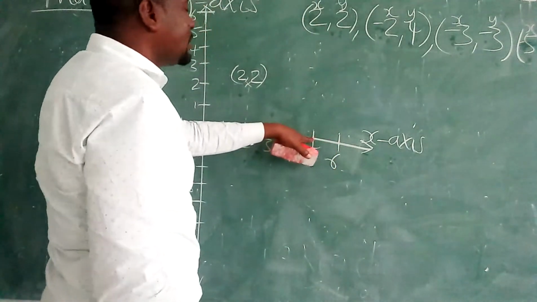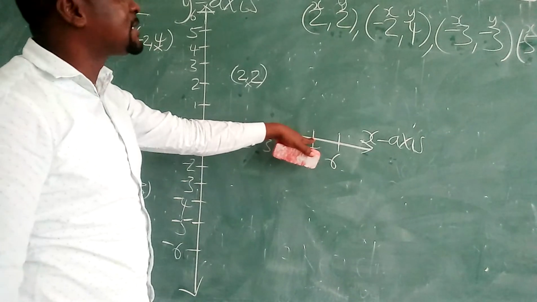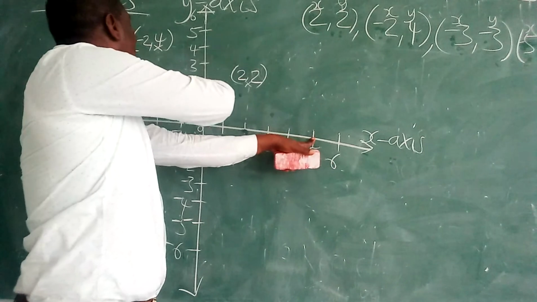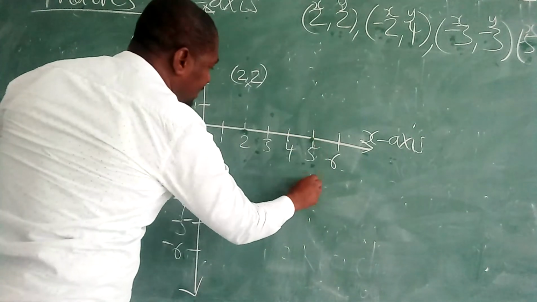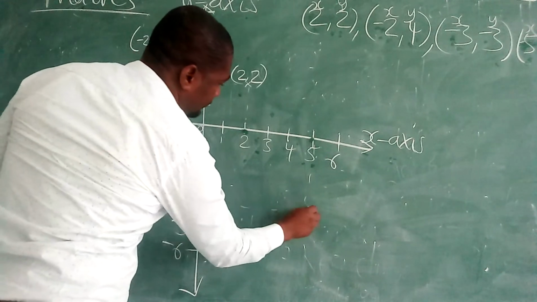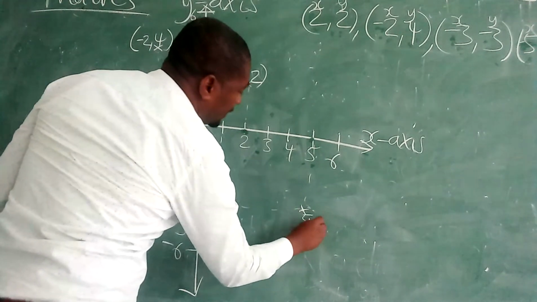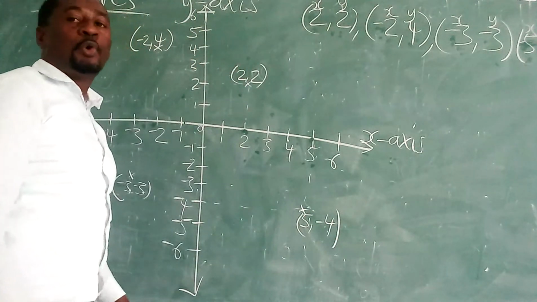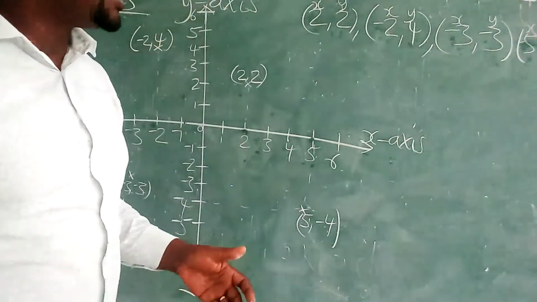Then the next one will be found on the y-axis, and it is negative 4. Here positive, here negative, so they will be meeting at this place. So we have 5, negative 4. So this is how to plot coordinates on the grid.